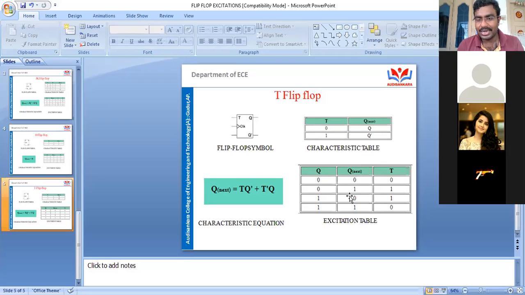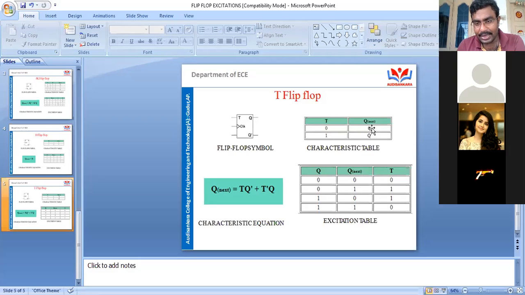And if input is 1, then you have toggle state, and you get exactly the reverse of your present state. Keeping those two points in mind, we can easily design this excitation table.